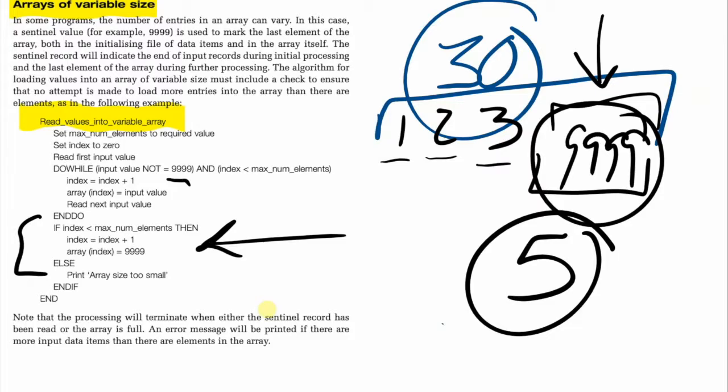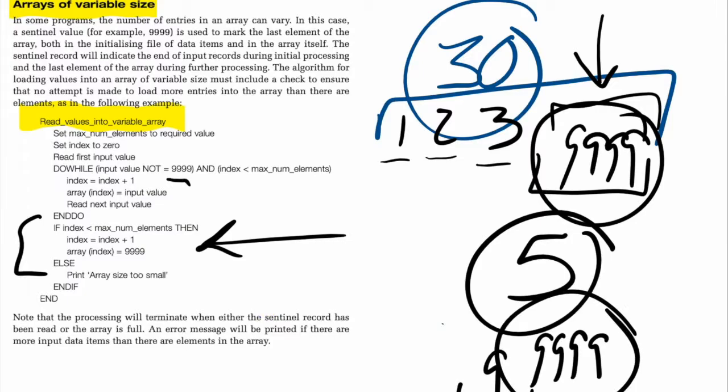So I've got 3 elements already plus 5. So on our 9th element, the one after my last bit of data, this one is going to get 9999, so that the next time I have to add more data to the end of this array, I have a place where I can start that.